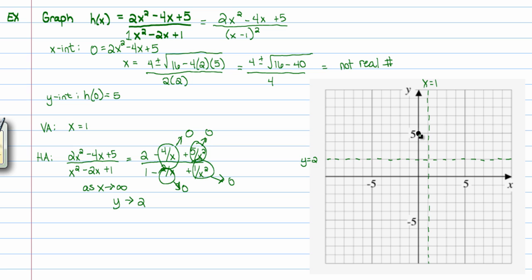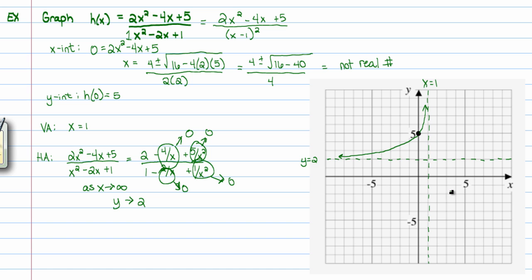I could, I suppose, have this curve go down, but I just don't see that happening, especially because if the curve went down over here to the right of the y-axis, it would have to cross the x-axis, and we don't have an x-intercept. So I already know it's going to curve up here. And to the left, it's just going to approach the horizontal asymptote. Again, it could be that it'll dip below the horizontal asymptote. It could happen. But unless it's a very special circumstance, it's very difficult to find out when that occurs.